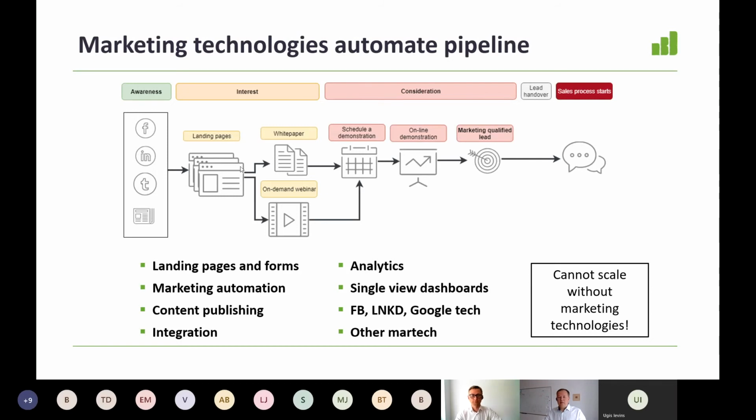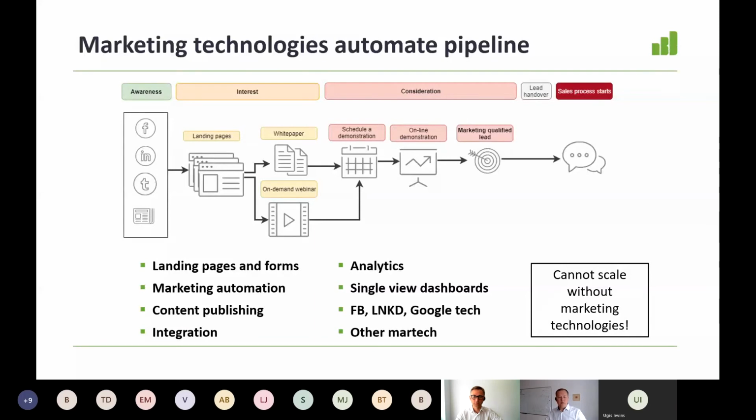Then, a central piece of technology is marketing automation. Marketing automation allows for registration of your prospect. It allows for algorithmic delivery of content, depending on previous activities of the customer. It also allows quite a lot of analytics about the marketing pipeline and other insights, which allow you to optimize the whole system.